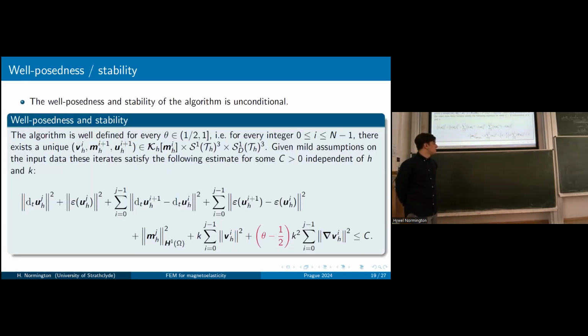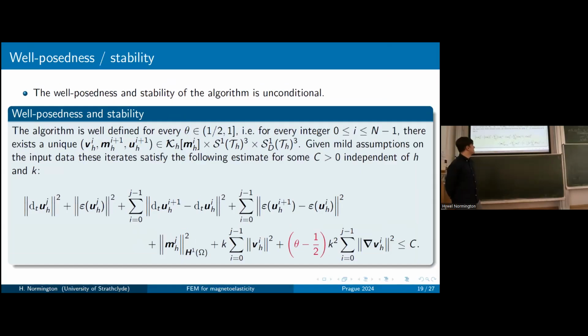When we move on to the stability and well-posedness, we have no conditions. If we were using these projections, yes, you would instead require conditions on the mesh. And as I mentioned, this theta term needs to be specially cared for. It needs to be between 1/2, not including it, and 1.